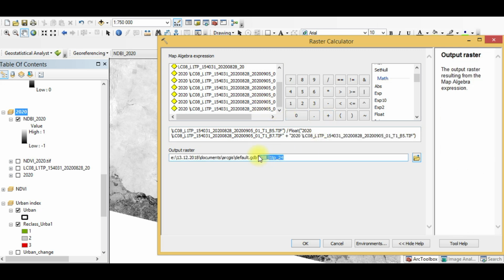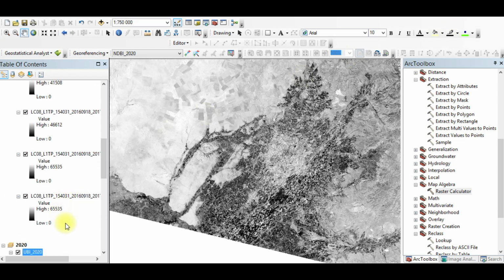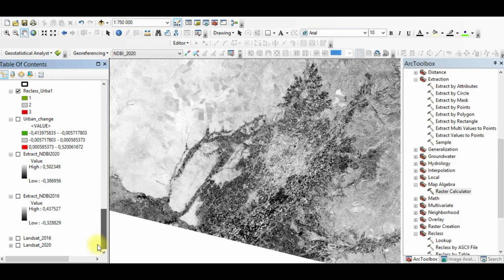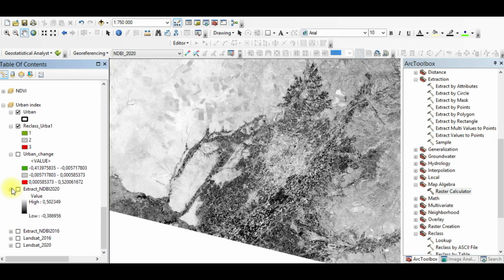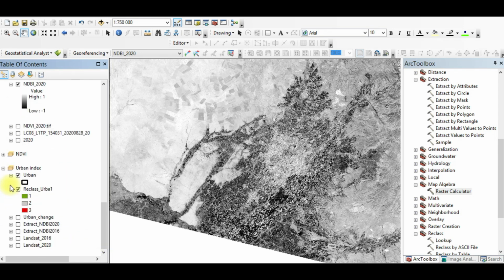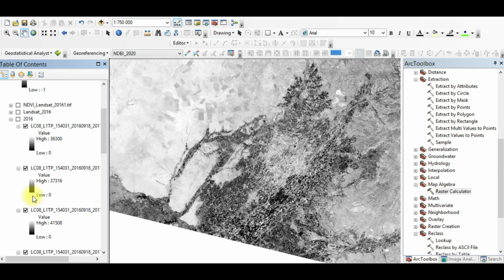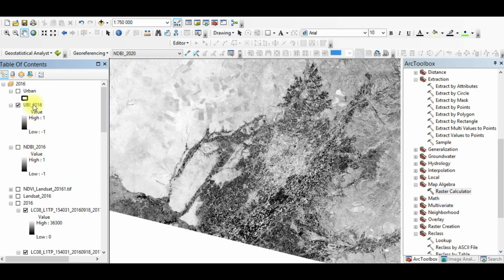Urban index 2020. Click OK. This is for 2020, and let's again drag them to our data frame.